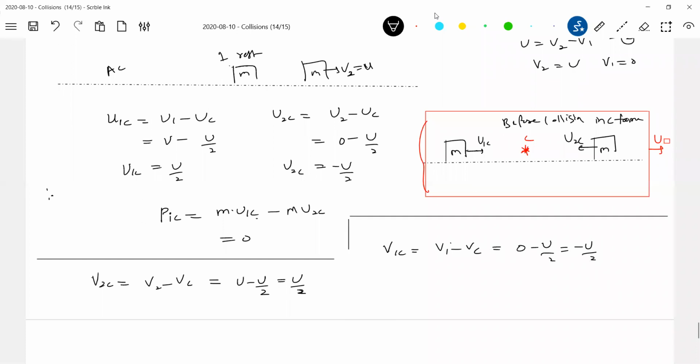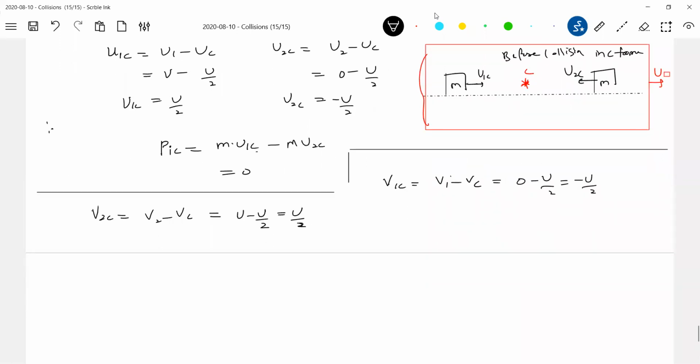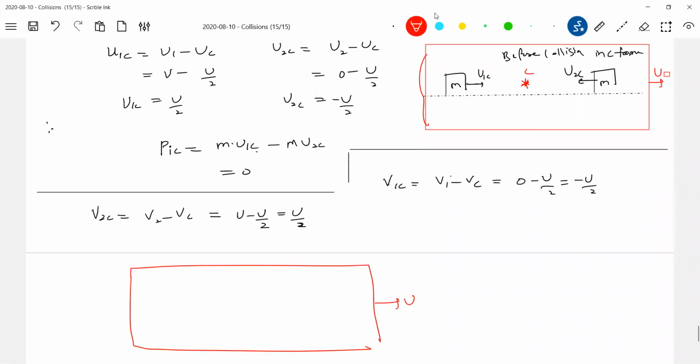Look at that after collision. So in the C frame, how will the situation be? So we'll put the box, and that box is moving with a velocity u2. There is the velocity of center of mass. Then this will be the center of mass.